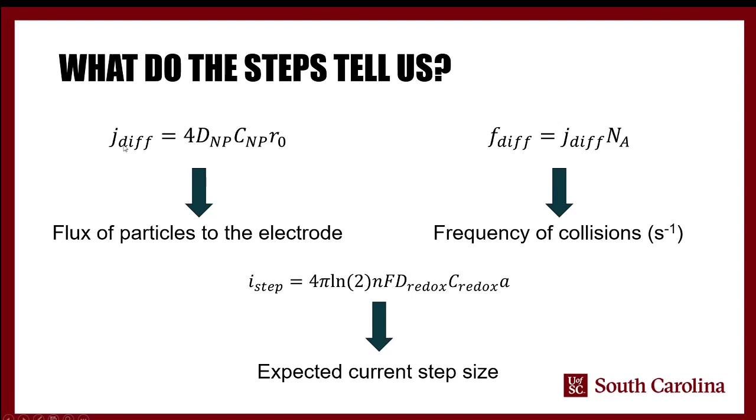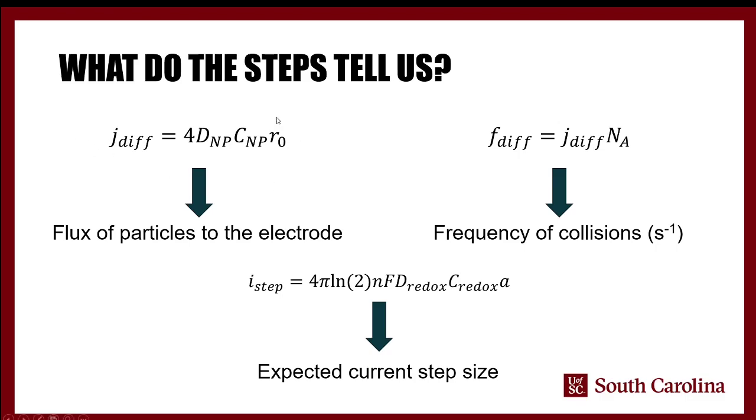This flux is just 4 times the diffusion rate of the nanoparticles, which you can calculate assuming a certain radius, multiplied by the concentration of the nanoparticles. Again, you know how much you started with, you know how many atoms of, for instance, gold are in a nanoparticle of a particular size, so you can back out what your concentration is.